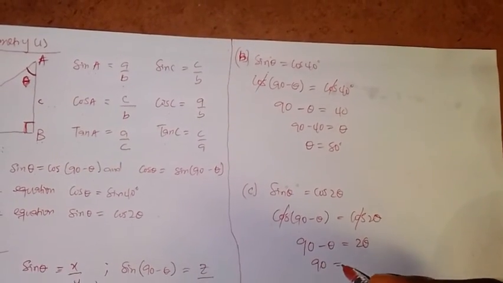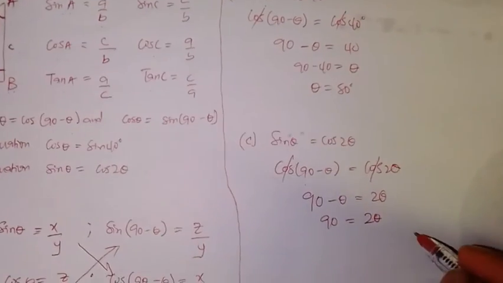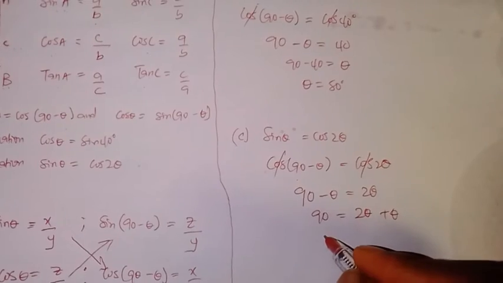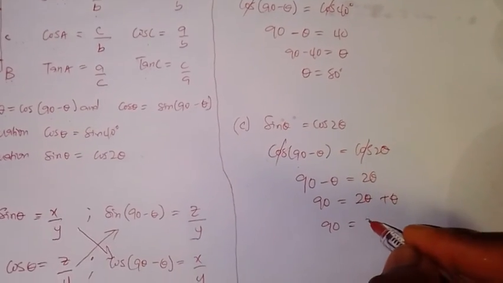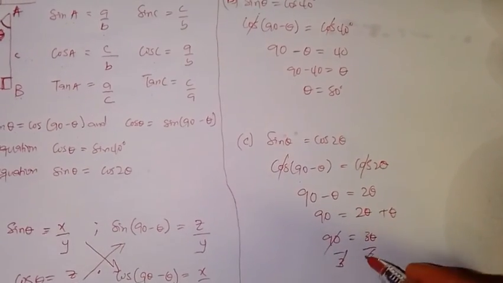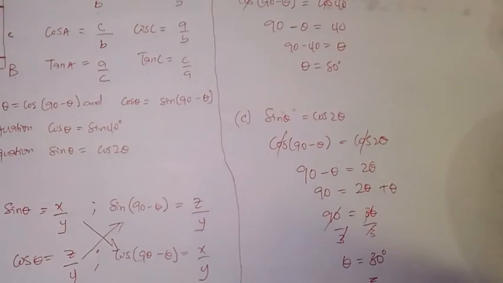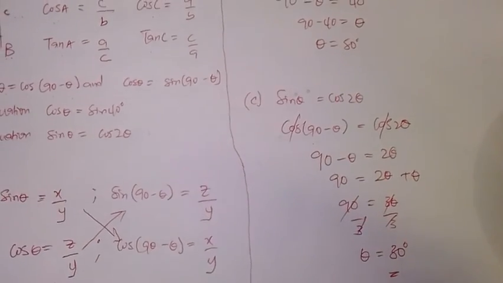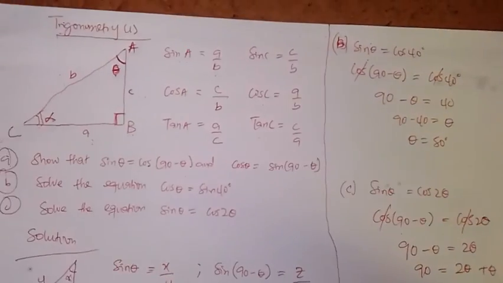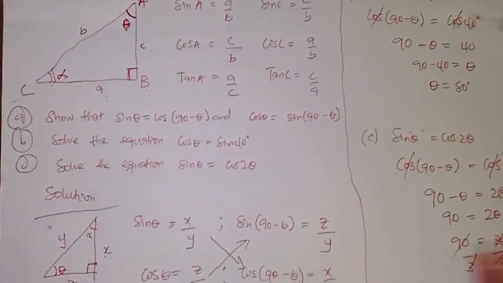Therefore, 90 equals 2 theta plus theta. So I have 90 equals 3 theta. If I divide by 3, I'll be left with theta equals 30 degrees. And that is my answer. So we can now see how we proved this and how we solve for this in this question.